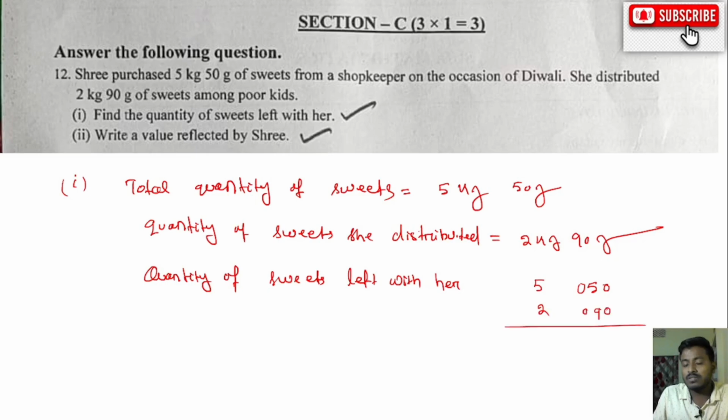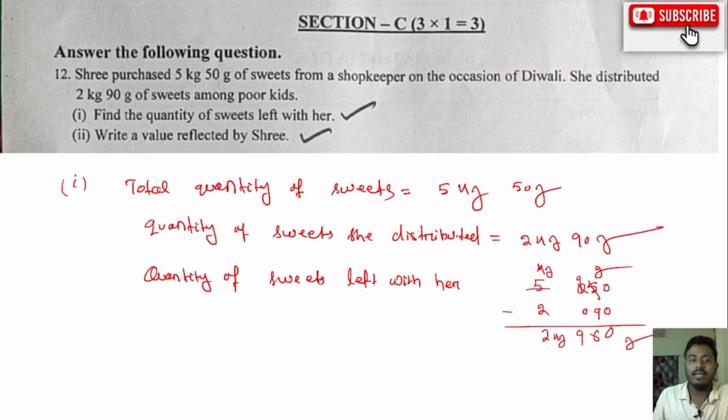Now subtraction, here is kg, here is gram. 0 minus 0, 5 minus 9 borrow, 15 minus 9 is 6, then 4 minus 2 is 2, that is 2 kg 960 gram.